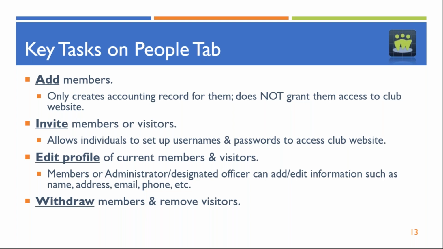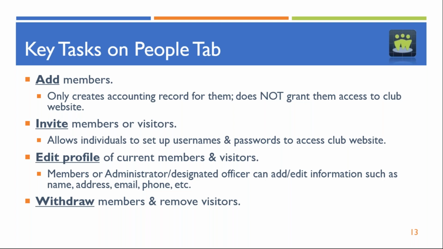If you had someone in your club who didn't have an email address or didn't have a computer and was still a member, you could add them, but they would not need to be invited because they don't have the capacity to log into your club's website. And we'll walk through these processes as well.